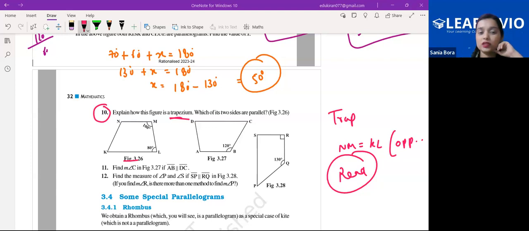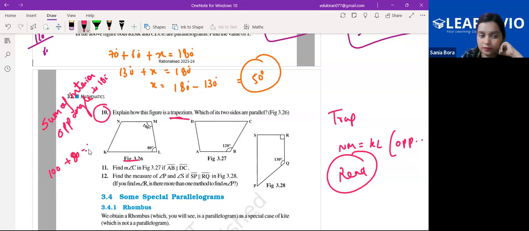So if the sum of interior opposite angles is 180, then it is a trapezium. So if you add 100 plus 80, what do you get? 180. So that's why this is a trapezium. Plus there is a parallel side as well, which is NM and LK.